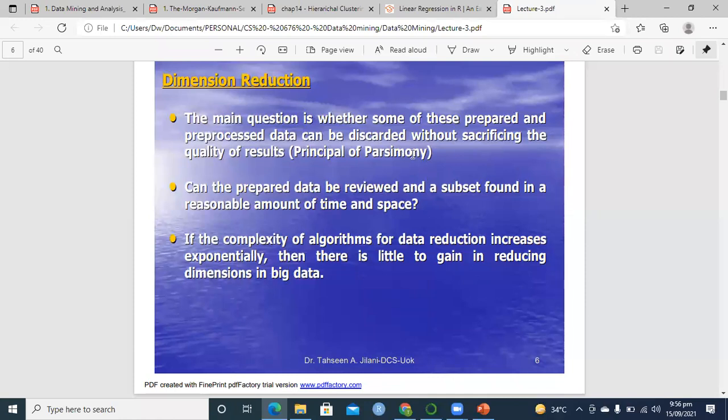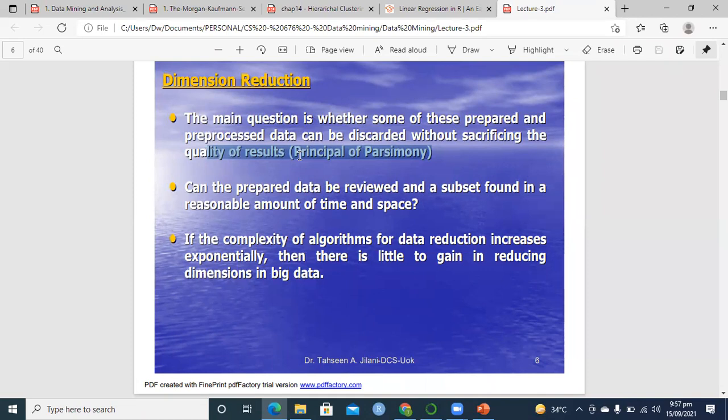The principle of parsimony: is it possible to reduce your data without losing any details about the data? For example, if you have 70 variables and you want to reduce the data, and suppose after doing principal component analysis, your data is reduced to say 15 variables.